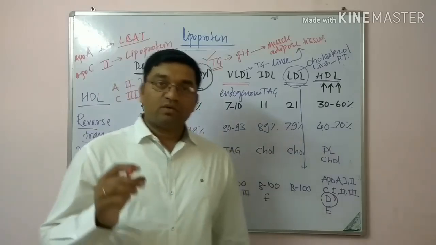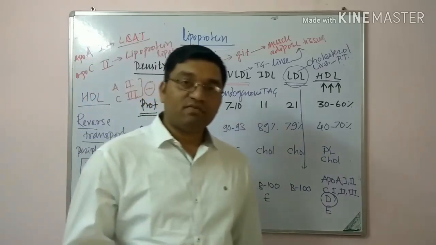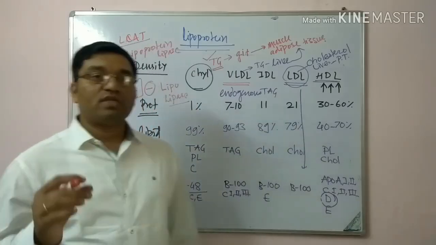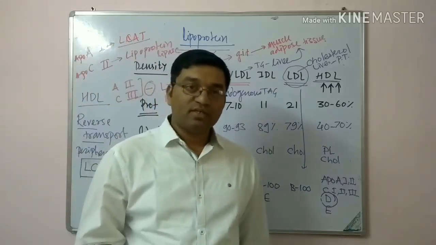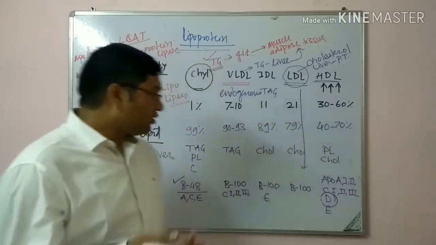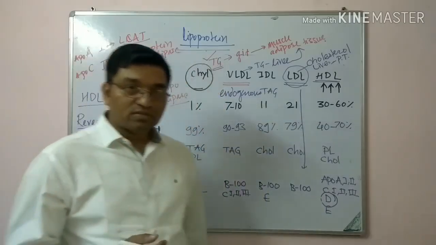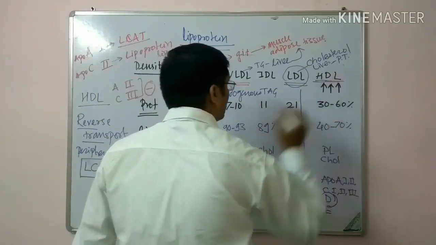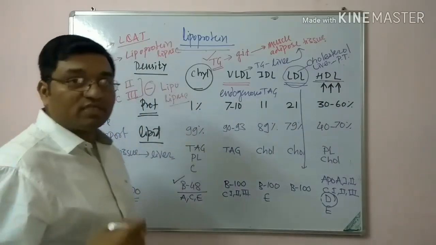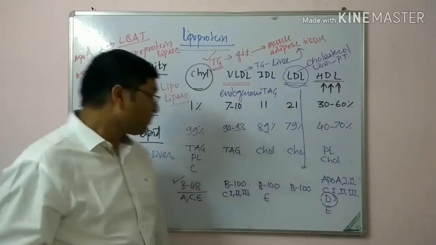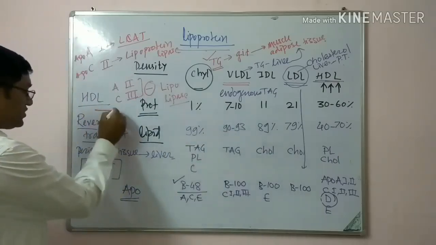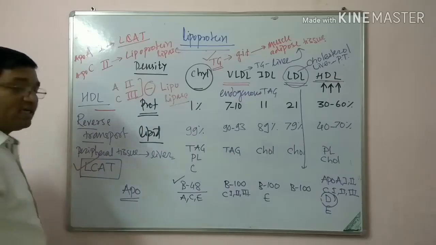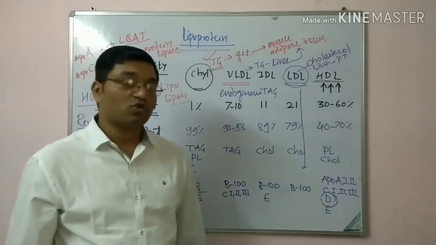HDL is the lipoprotein with highest density, while chylomicron is the least dense. HDL contains more protein than the others. HDL is responsible for reverse transport of cholesterol, and elimination and metabolism. That's why it is known as good cholesterol. Lecithin cholesterol acyltransferase is required for reverse transport of cholesterol.